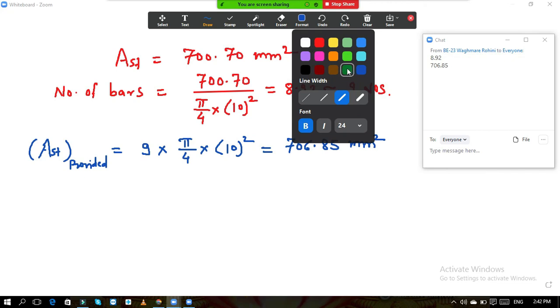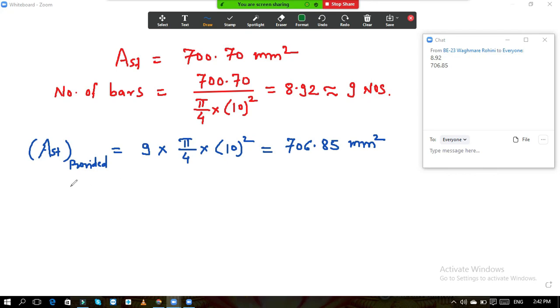Now calculate the spacing. Next point is spacing of bars.